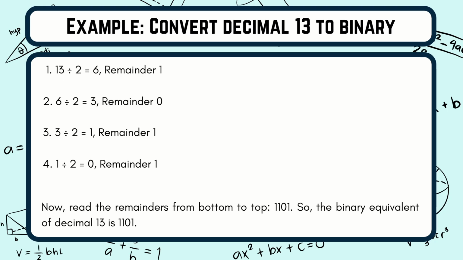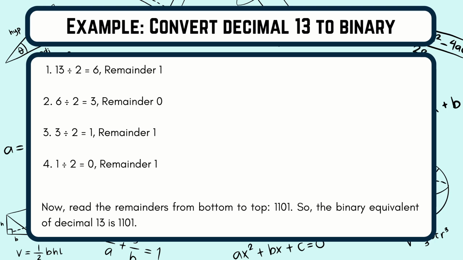The result then comes down to step 2. So let us divide again by 2. So 6 divided by 2 equals 3, and the remainder is 0.